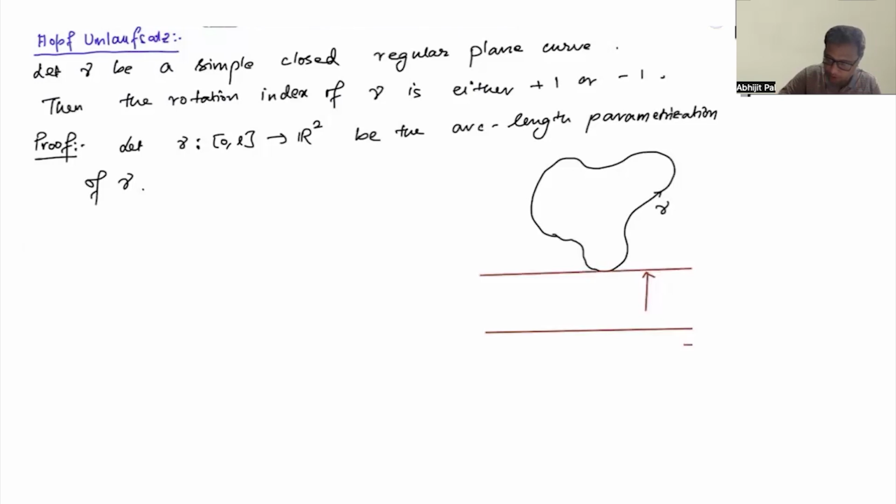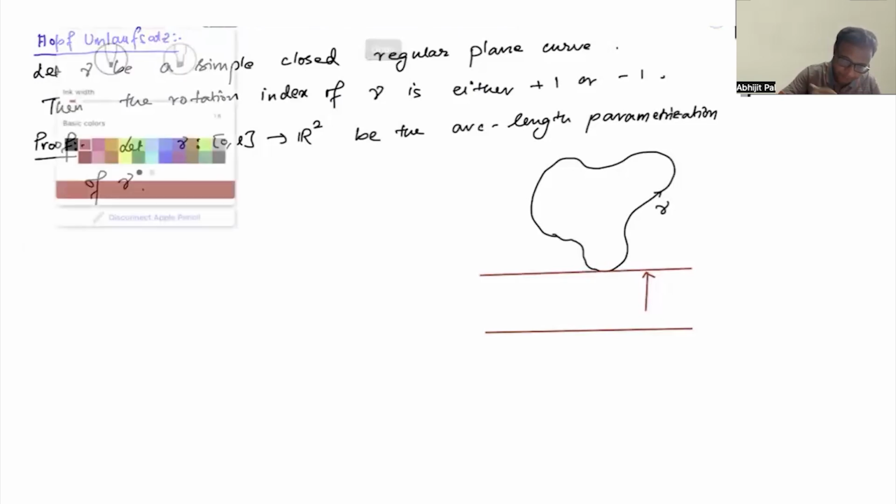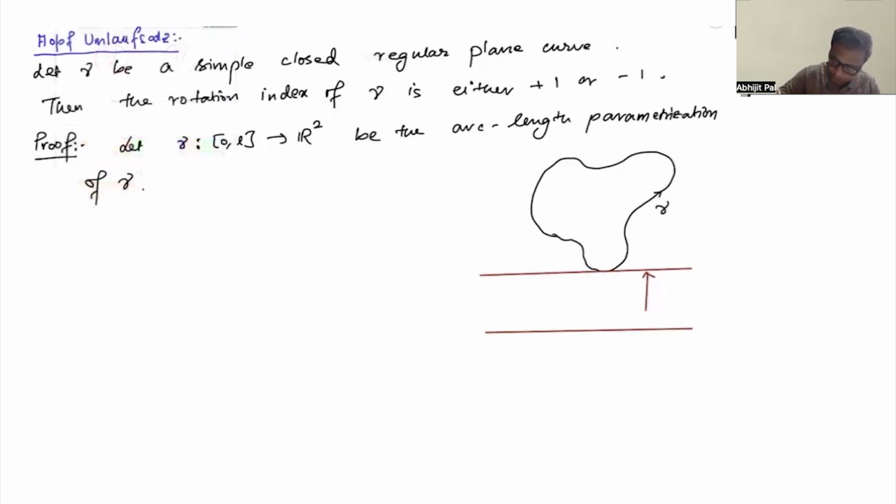Suppose this is my L. If I displace it parallelly, I'll get a line capital L which intersects gamma at a single point.